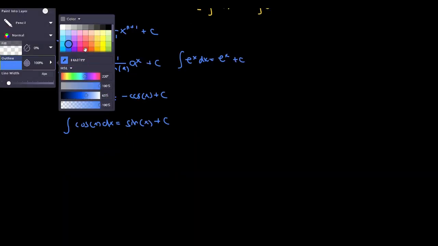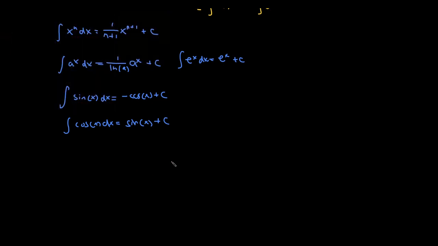So I'll quickly mark down the trigonometric things. I start, for example, with sine, then I go to cosine, and I go to negative sine, and I go to negative cosine.